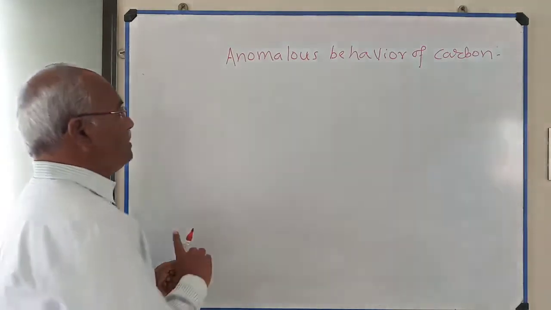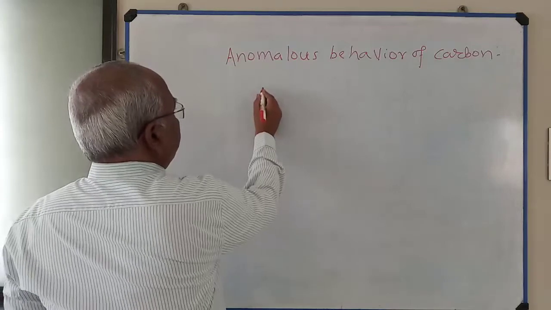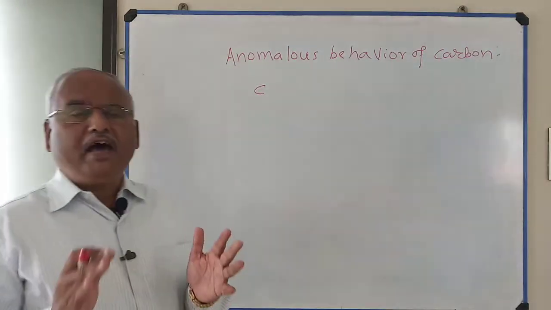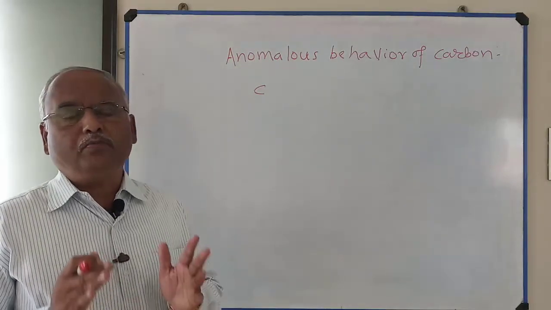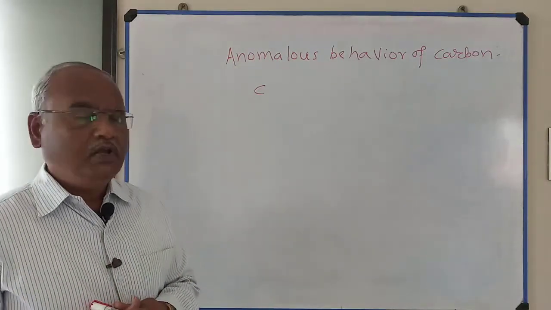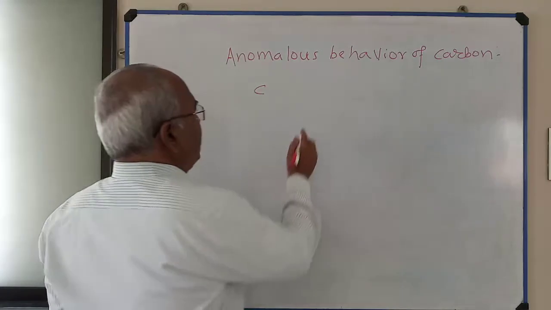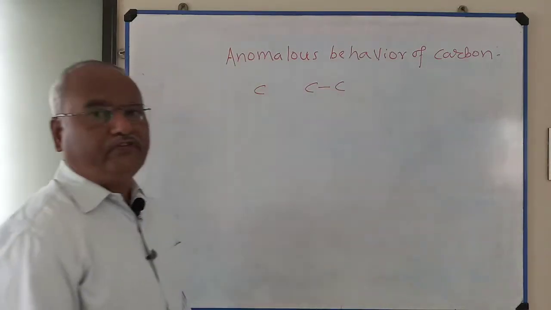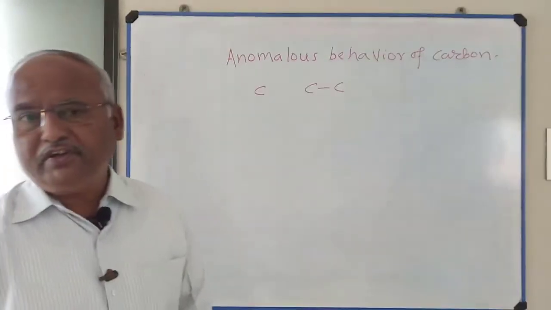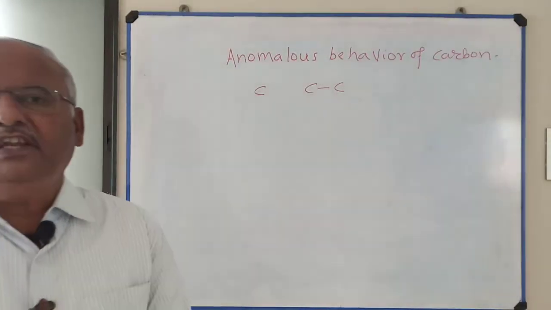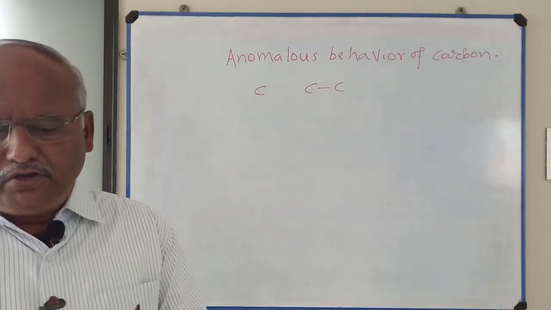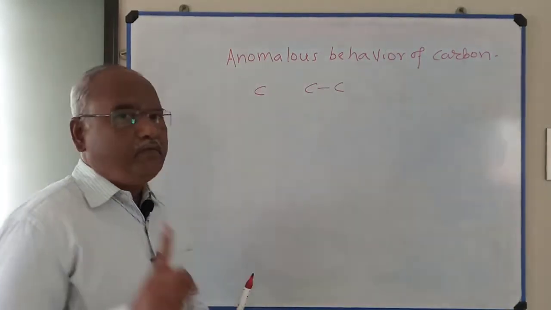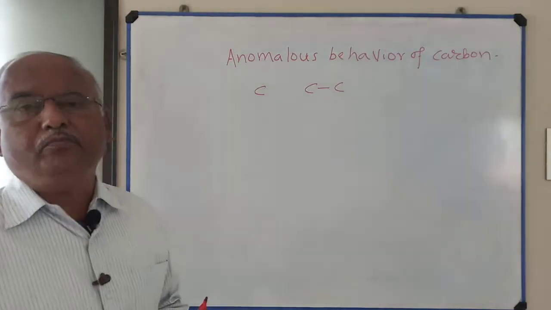Now you see, carbon is the hardest element of group number 14 because the carbon-carbon bond is very strong. It has high melting point and boiling point.